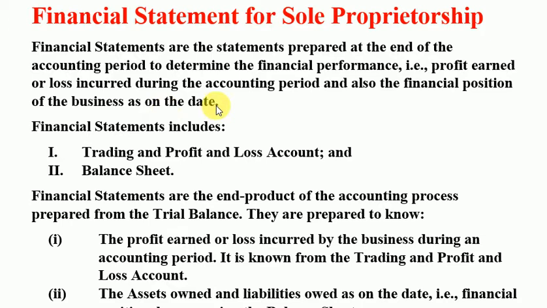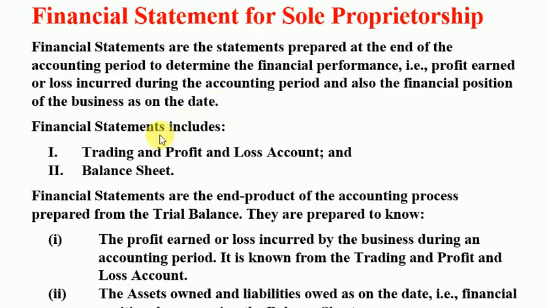That means the financial statement will provide you the statement of profit and losses during an accounting period, and also provides the information of the financial position of the business. That means how many assets and liabilities the business has.